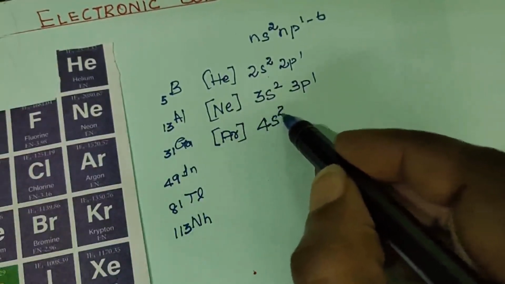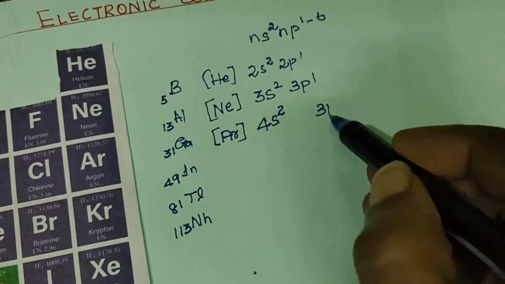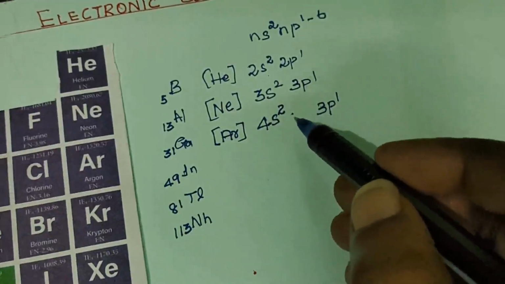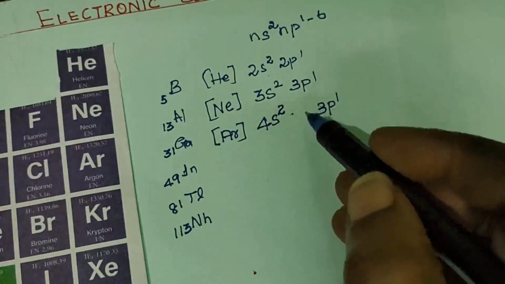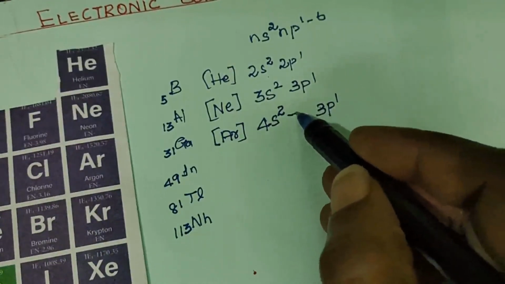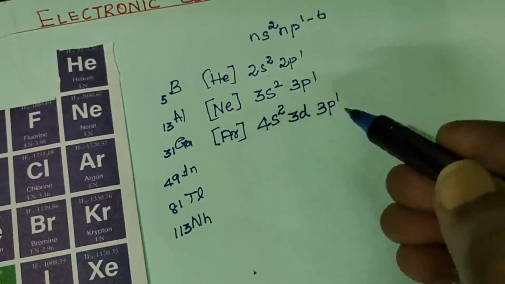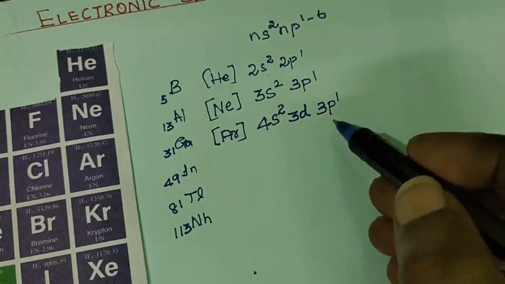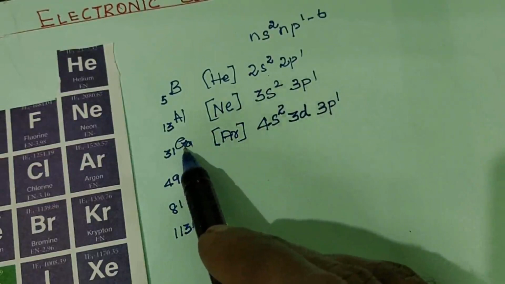After filling 4s2 and before filling 4p1, the 3d orbital fills, because from the fourth period onwards the d orbital starts, that is the n minus 1 d orbital, 3d, not 4d. So s orbital is ns, p orbital is np, d orbital is n minus 1 d. That starts from the fourth period in the periodic table.